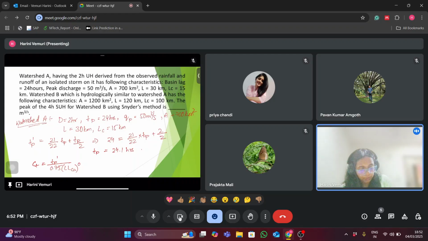Ct = Tp by 0.75 into (L × Lca) whole power 0.3, that is 24.1 by 0.75 into 30 into 15 whole power 0.3. Okay.